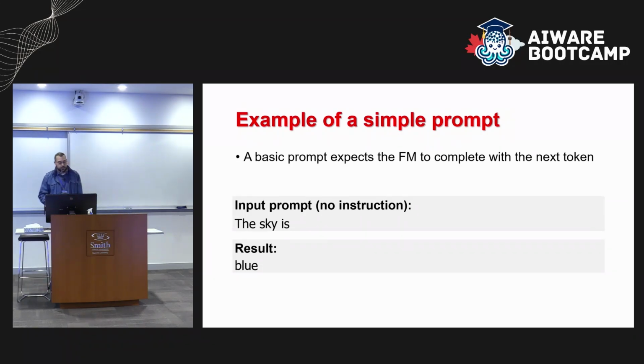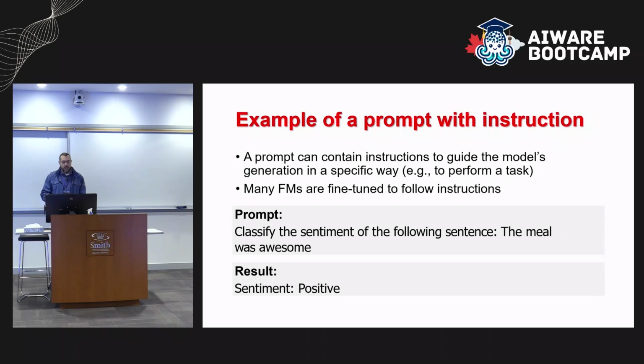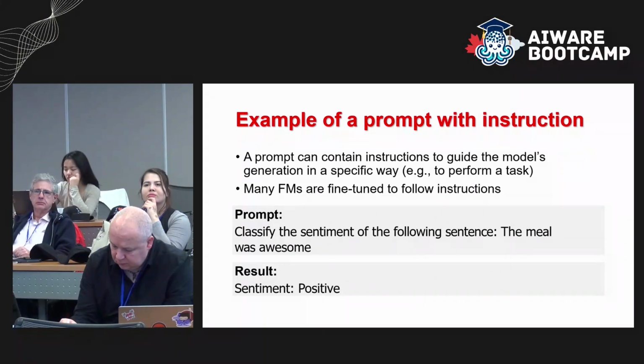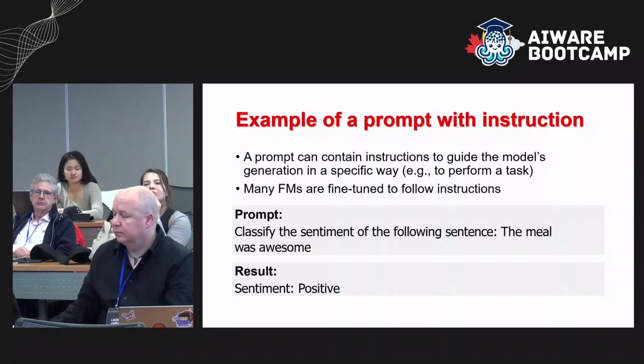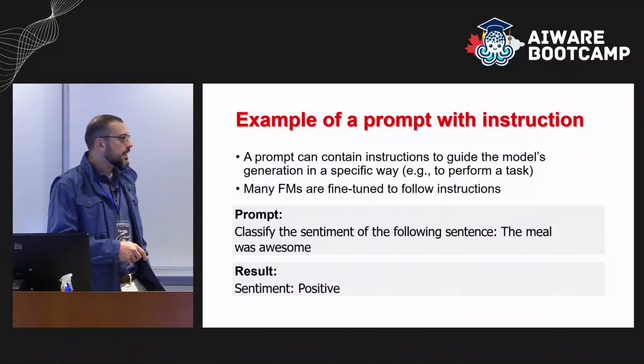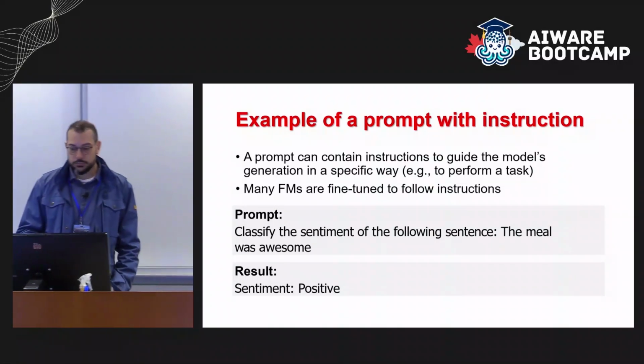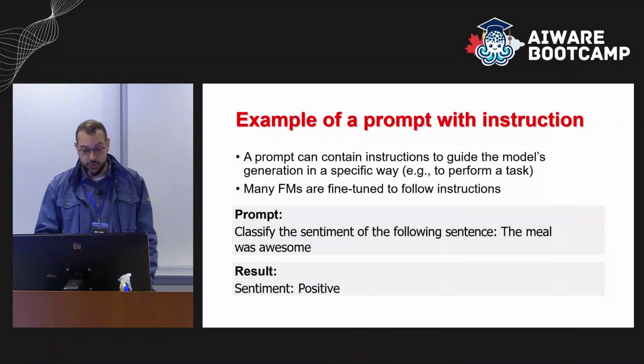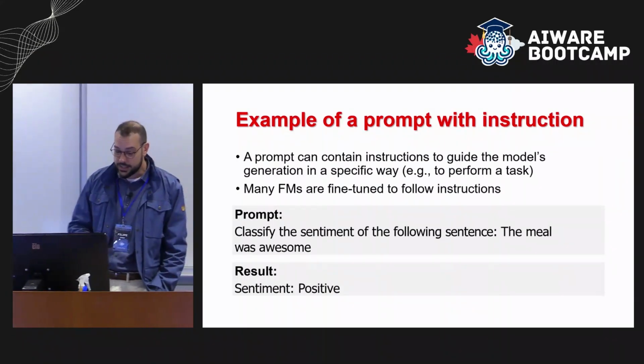That's a very simple example of a prompt. And here we have a prompt with an instruction. The prompt is: classify the sentiment of the following sentence. The meal was awesome. And the model could output this result: sentiment, positive. Here you're instructing the model to perform the sentiment classification.